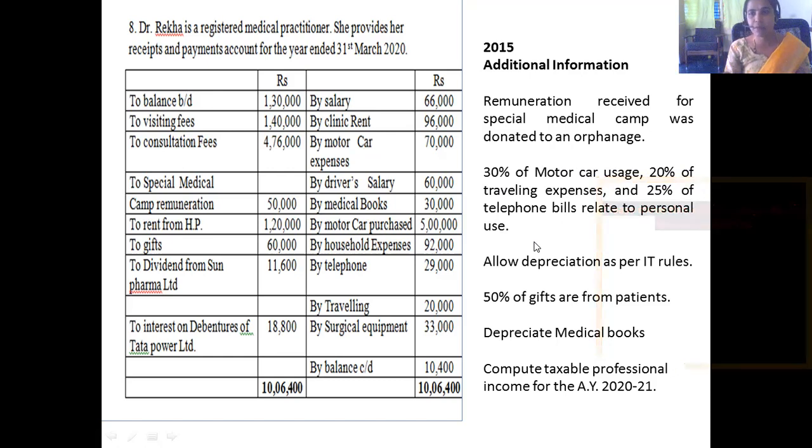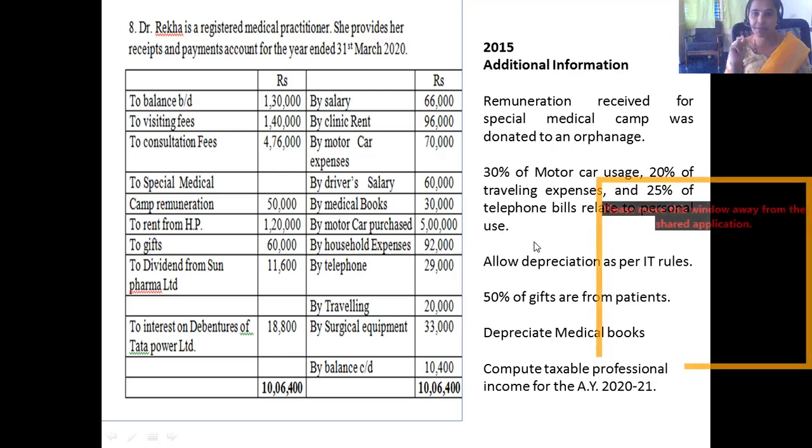So the other meaning of this is 70% of car usage, 80% of traveling expenses, and 75% of the telephone bills are related to profession. So here going by the car, 70% we have to take. So 70% of 70,000 works out to 49,000. Driver's salary 60,000 is a professional expenditure.